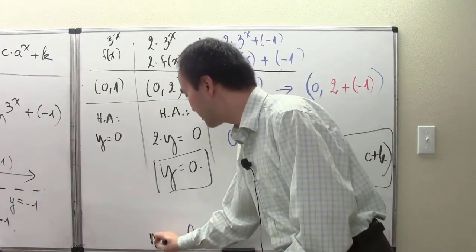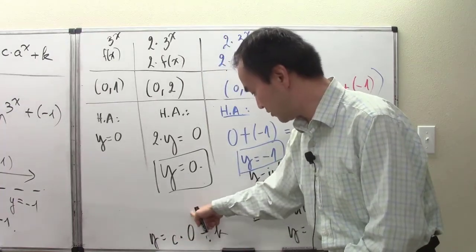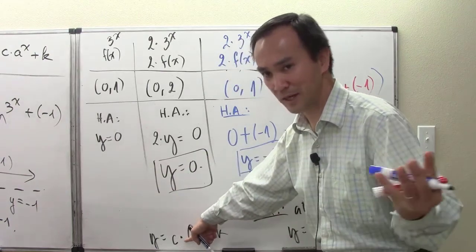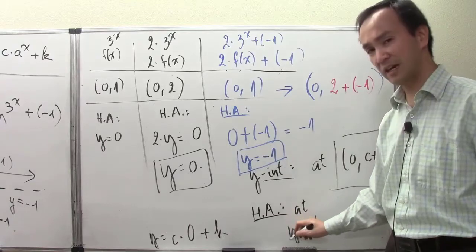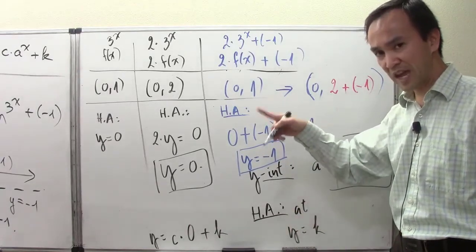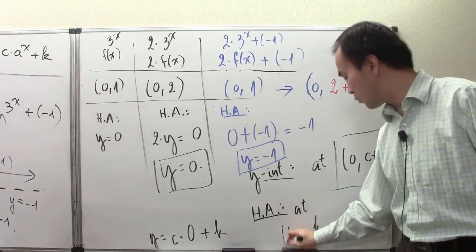So there's no doubt about it: horizontal asymptotes must be 0 from the original parent. Multiplying with c makes no difference, 0 again, but plus k. And that's why I predict that for any general c times a to the x plus k, it's going to have a horizontal asymptote at y equals k.